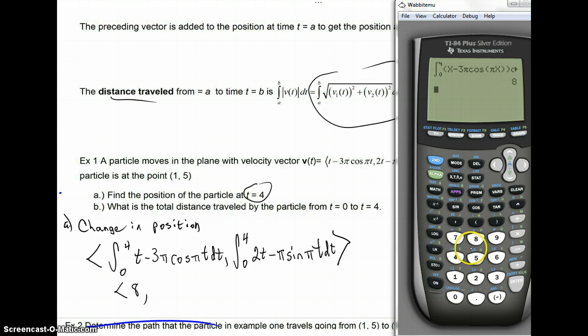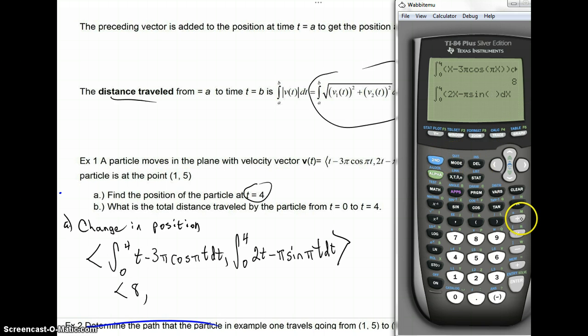Let's see what happens when we want to pull up y and integrate with respect to that y component. We'll have the same bounds, but let me just delete this out real quickly. We'll just type in 2x minus pi, and then we'll say sine of pi t.